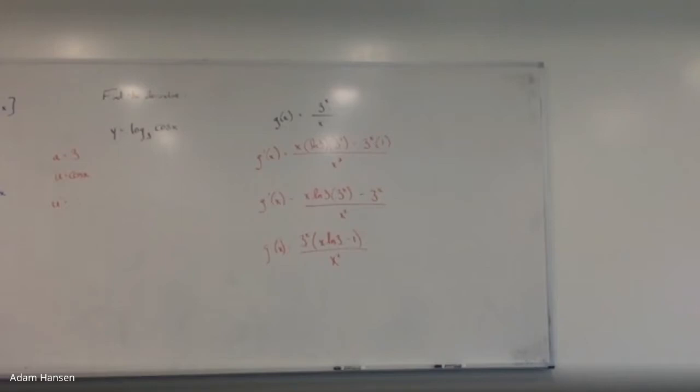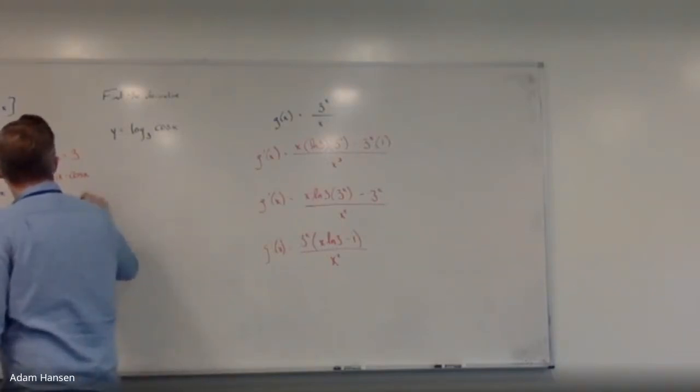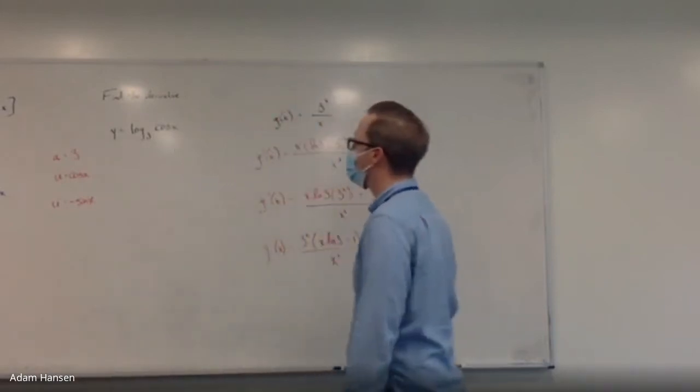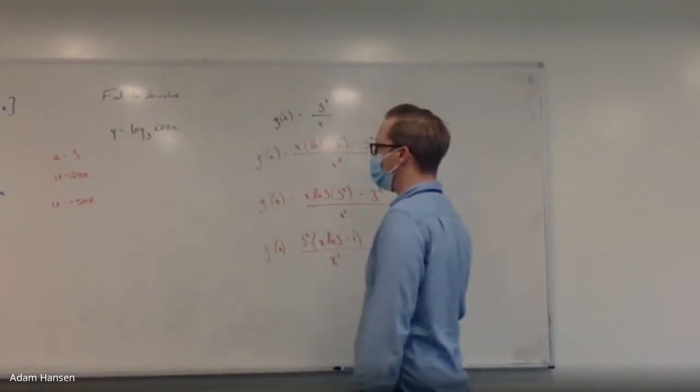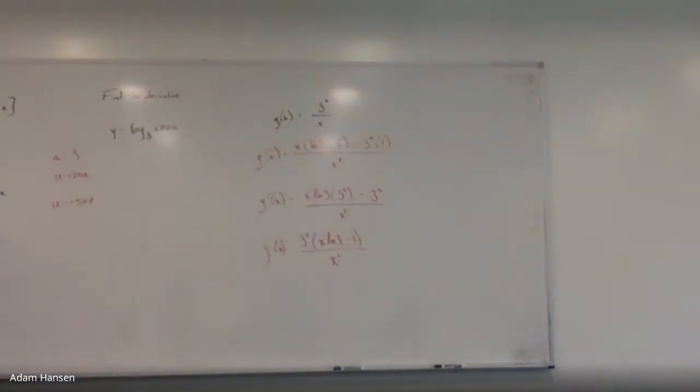Derivative of cosine. Negative sign? What are you going to say, Caitlin? I think you do it. Negative sin x? Okay. Watch those negatives. So just kind of use that formula. Now I know what u prime, u, and a are to write my final answer.